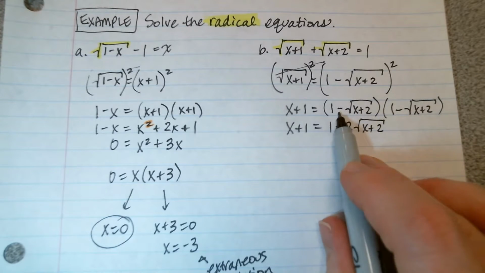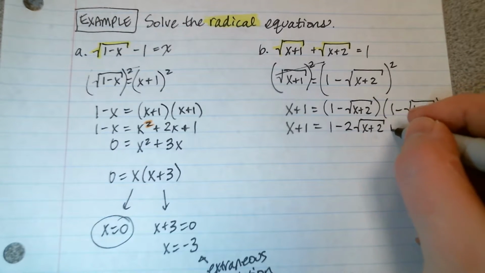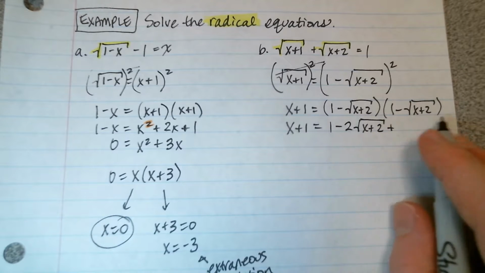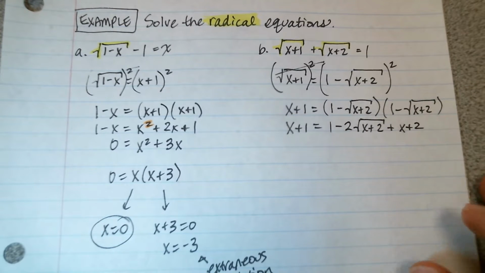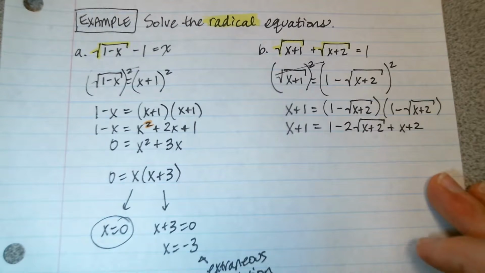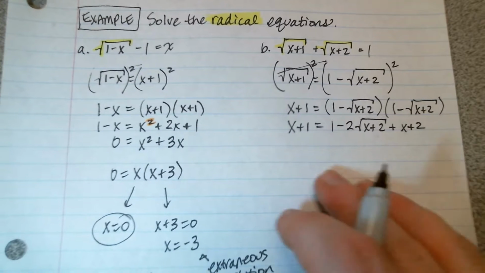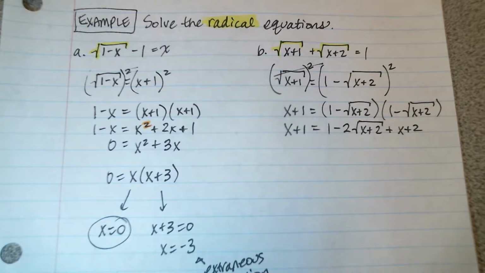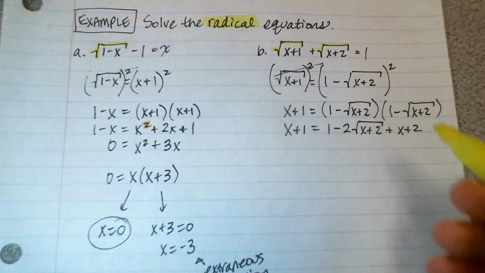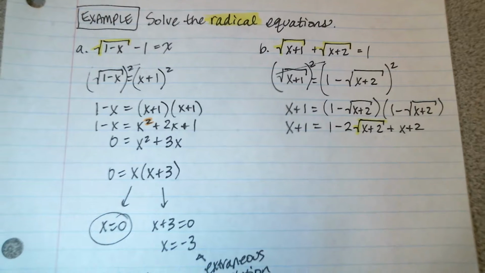Now I have a negative times a negative. Square root of x plus 2 times itself is the same as squaring it, which means I get just x plus 2. Now what I've done is I've eliminated one of my radicals, and you can see I do still have one left behind. So I need to repeat this process.